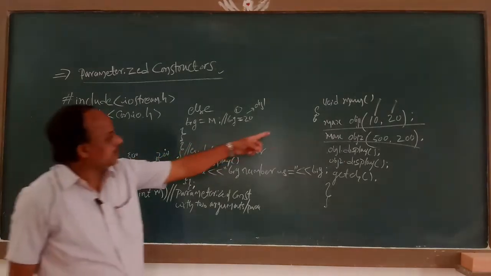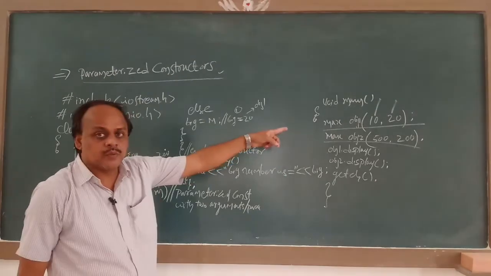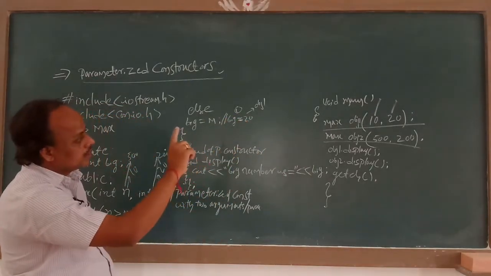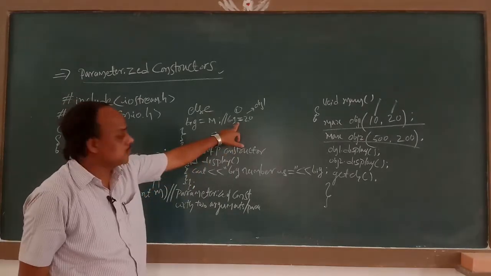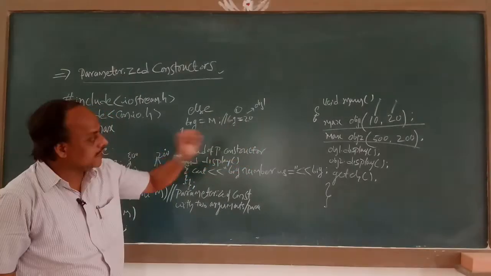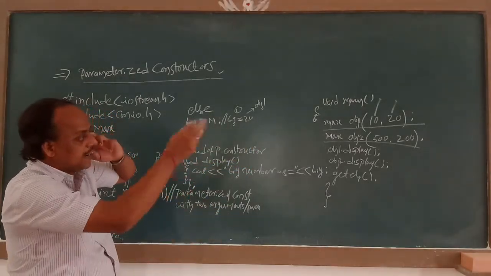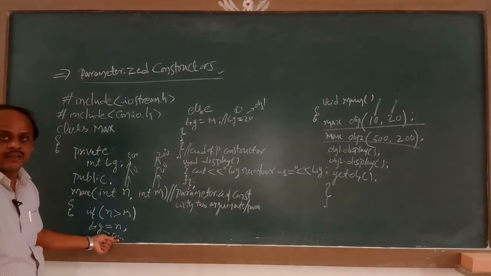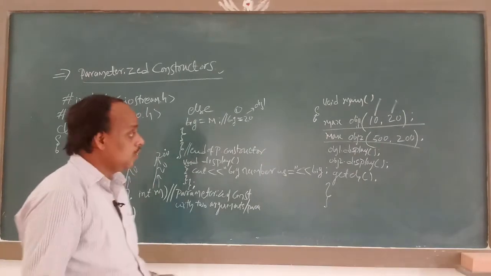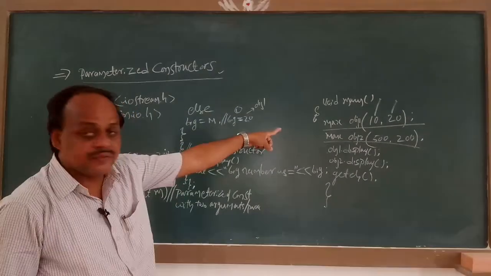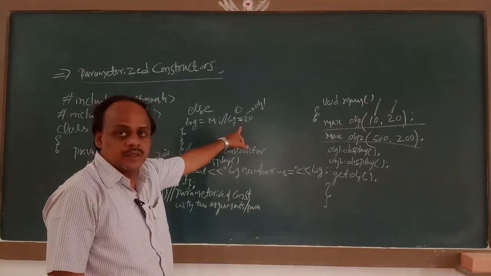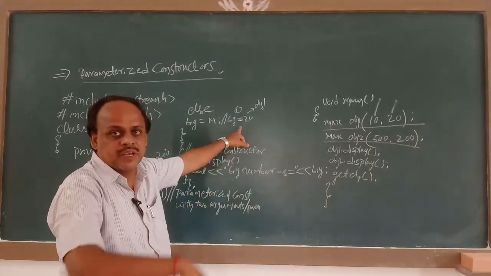Whereas when we take the values of the first object, among 10, 20, big becomes 20. Whenever we declare a second object and pass 500 and 200, big is going to hold 500, right? So note this down. For the first object, big holds 20 because 20 is bigger.